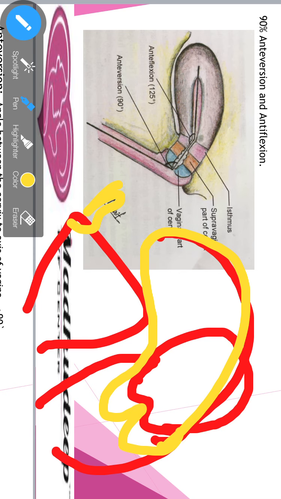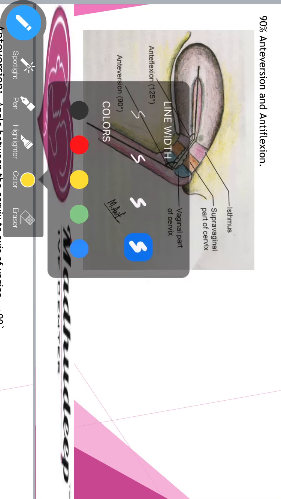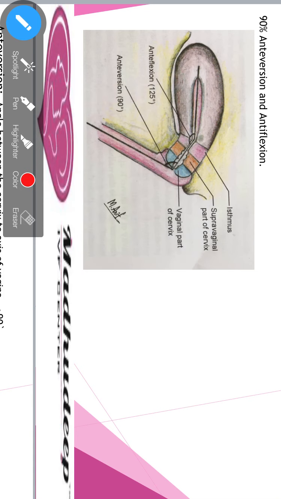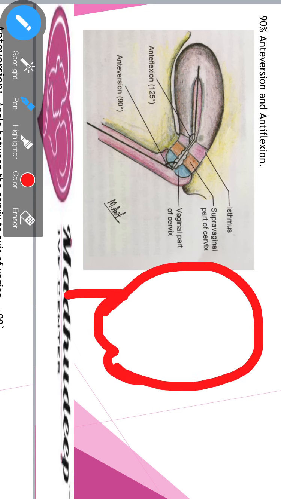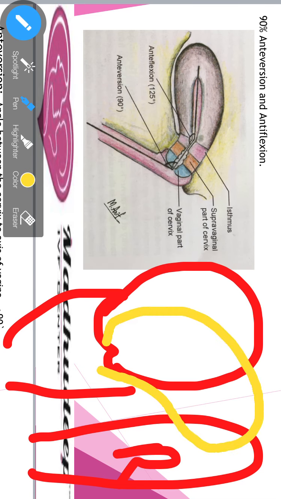So 90% of uteri are anteverted. But what happens? This is the uterus and this is the rectum. If the uterus falls towards the rectum, it is called retroverted. Simple. I hope this is understood.